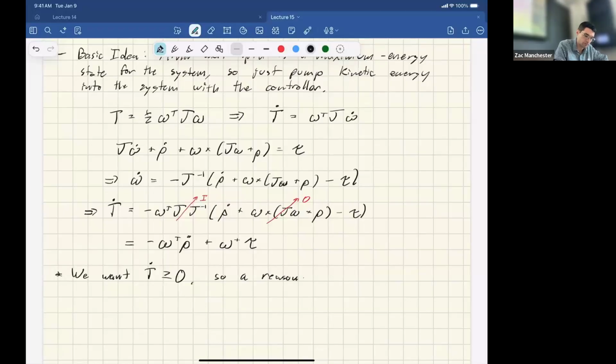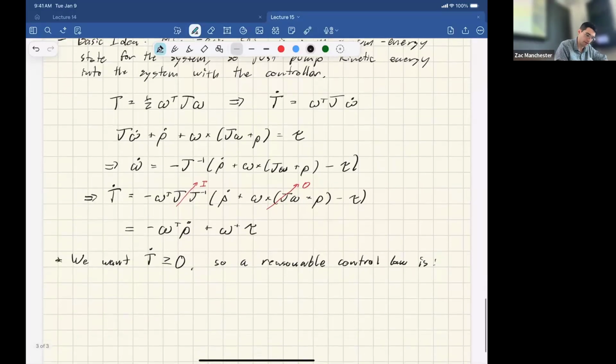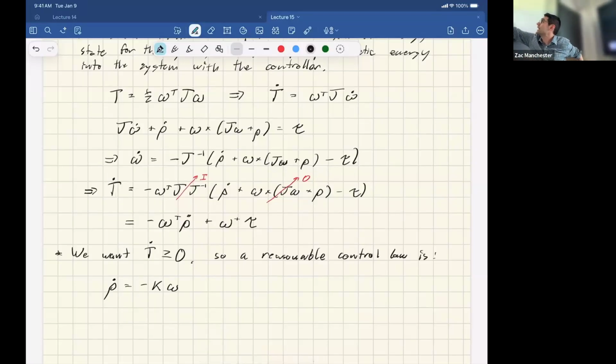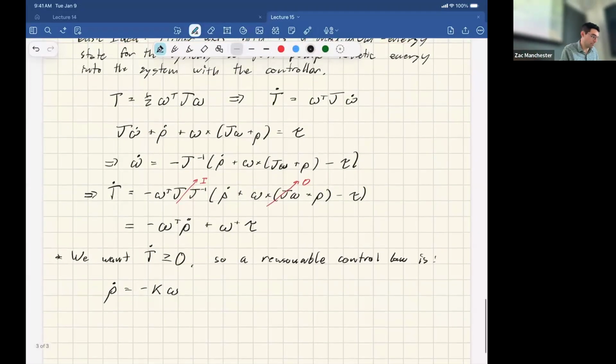There are many choices here. We kind of looked at some stuff like this last time. But if you want something super simple, a reasonable choice would be to set rho dot equal to minus some constant or gain times omega. If I plug this in here, I'm going to get plus k omega squared, which is always non-negative, and that's going to drive the kinetic energy up.